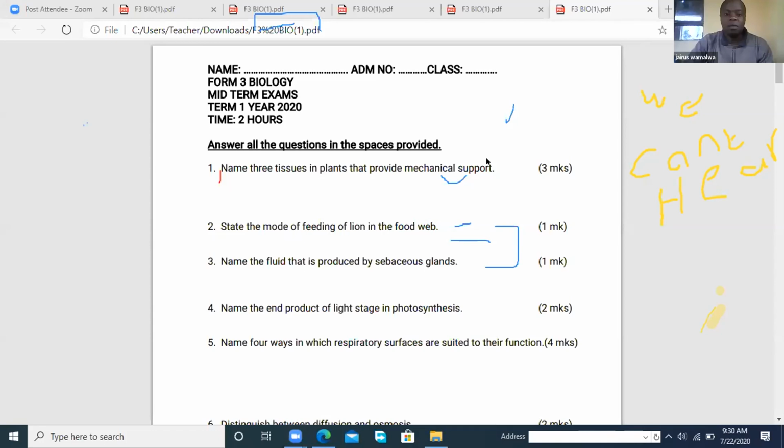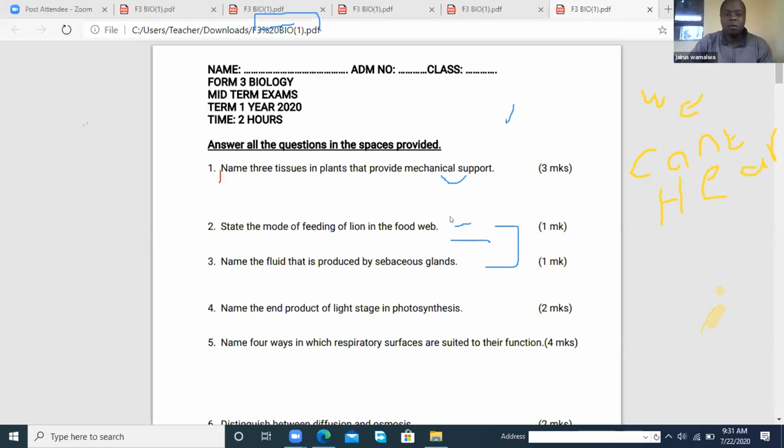Now I'll not allow more, so that we move on. So we have collenchyma as a tissue. We have the xylem vessel as a tissue.